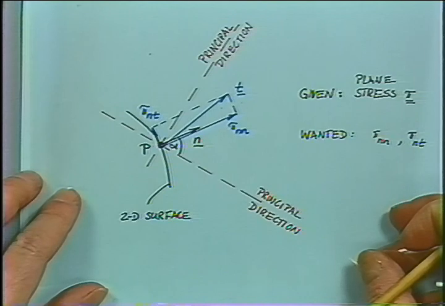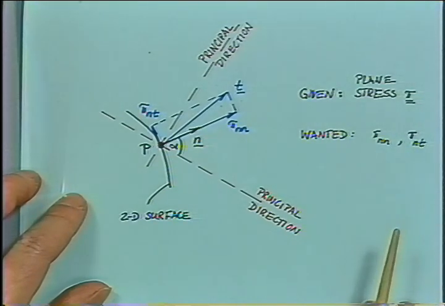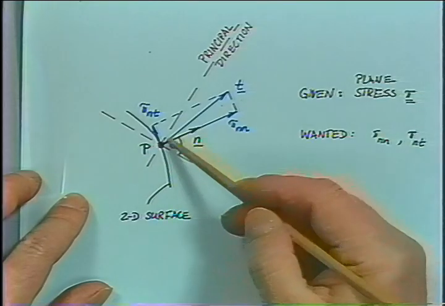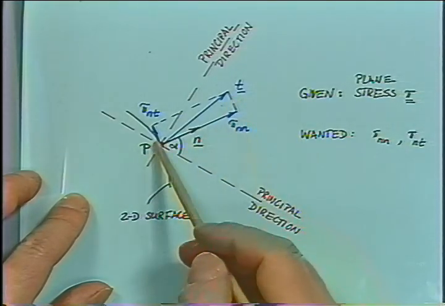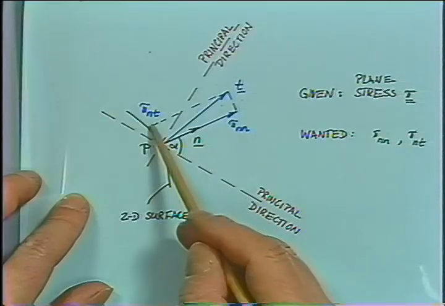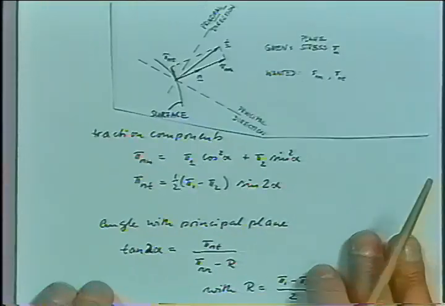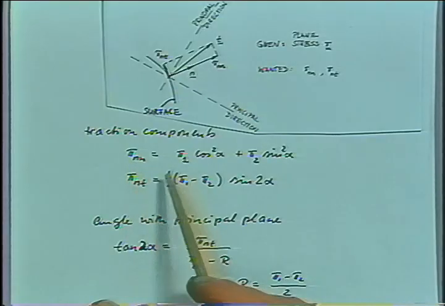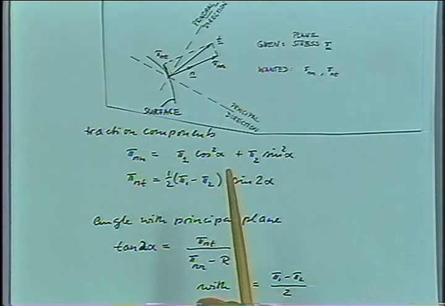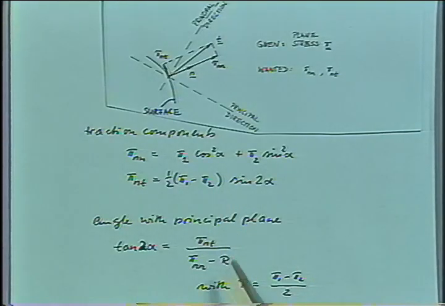Now here we just calculated the components of the traction. This would be the traction vector given by the stress, and we decompose it into a normal and a tangent contribution. And I wrote down the two contributions here. This is the normal stress, pi nn, which means n dot pi dot n, dotted on both sides.